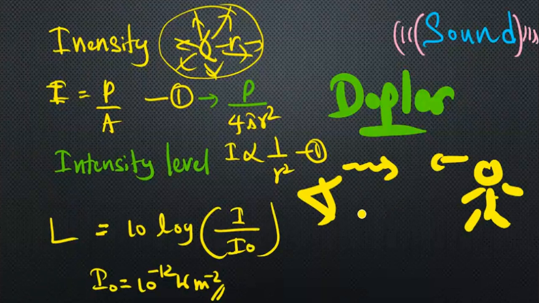That is Doppler's effect. The very basic equation is f dash is equal to the velocity of sound relative to the observer divided by the velocity of sound relative to the source, into the initial or original frequency.